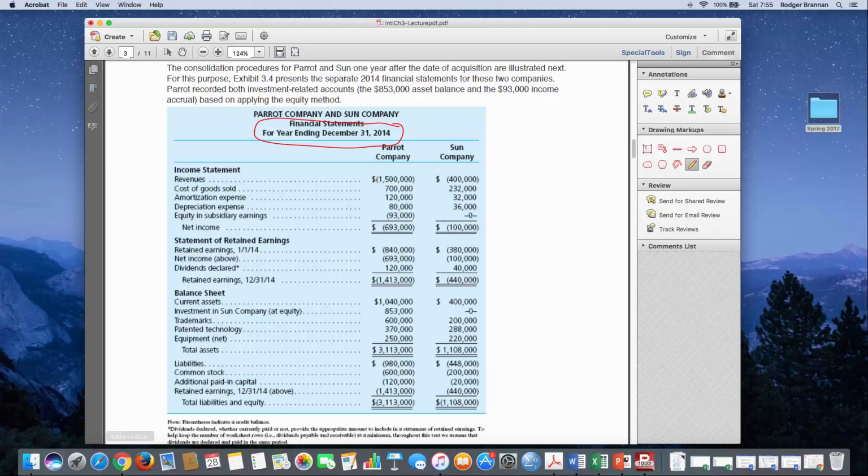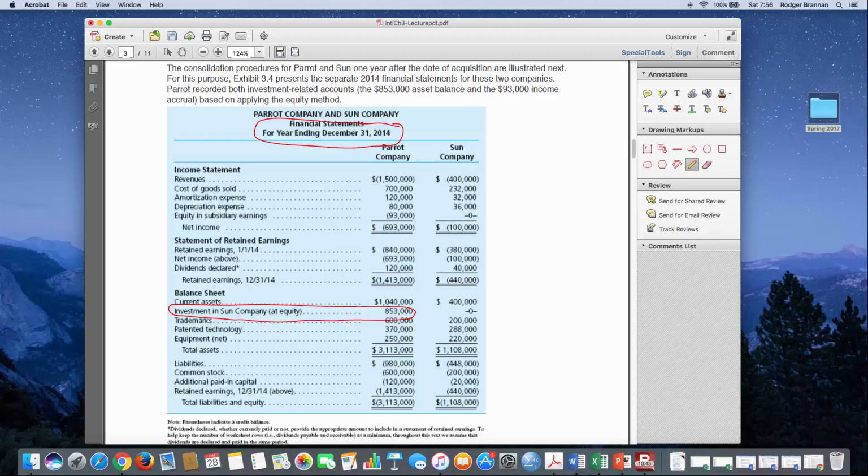It's a series of transactions, if you will, that will begin to peel off this investment account. Because again, the basic rule is that you can't have an investment in yourself. Remember, the consolidated financial statements are prepared from a worksheet. The consolidated entity really legally does not exist.